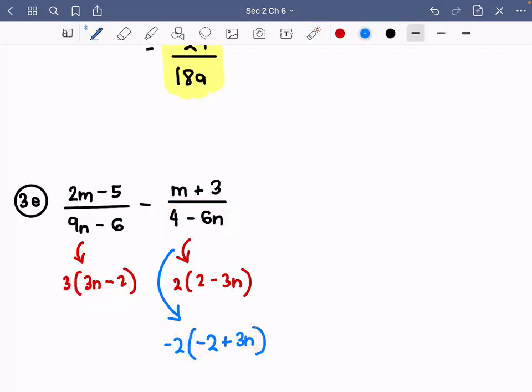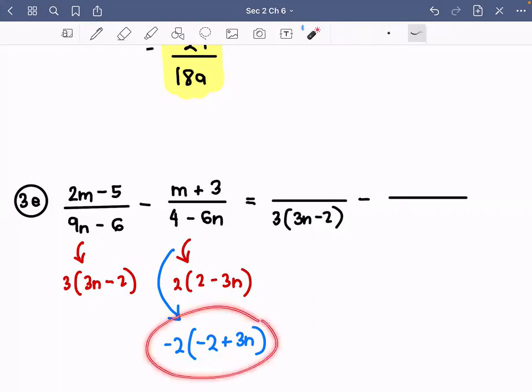So I will get a similar answer here. With that, let's factorize this now. Factoring the denominator, I'll get 3 times 3n minus 2, and then minus, okay, what's the denominator here? I'll use the blue one.